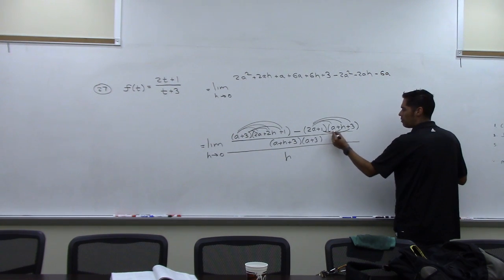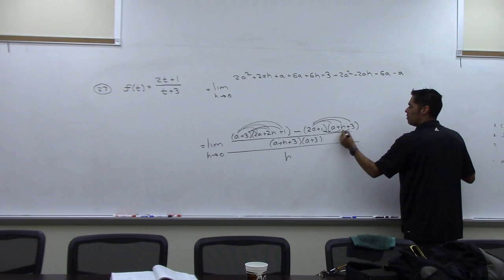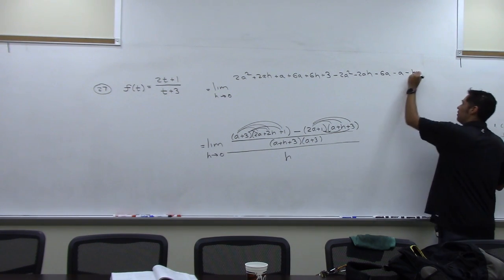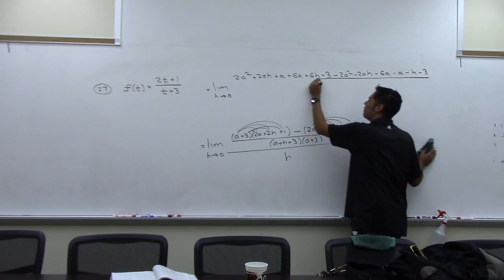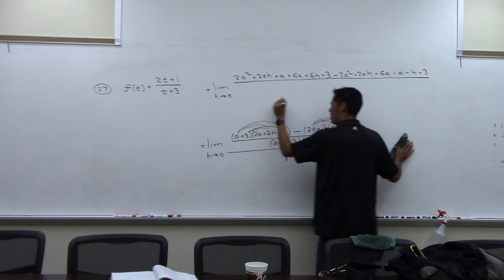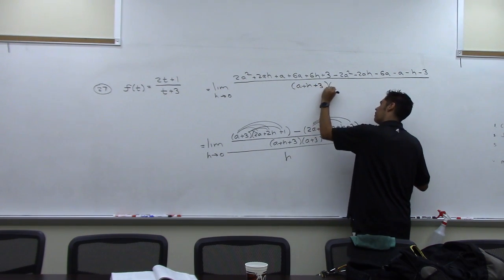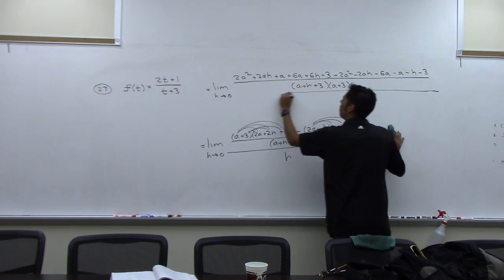Now the 1. 1 through here is a, but I'm subtracting it. 1 through here is h, but I'm subtracting it. And then negative 3. Whew. All of that over the common denominator, all of that over h.